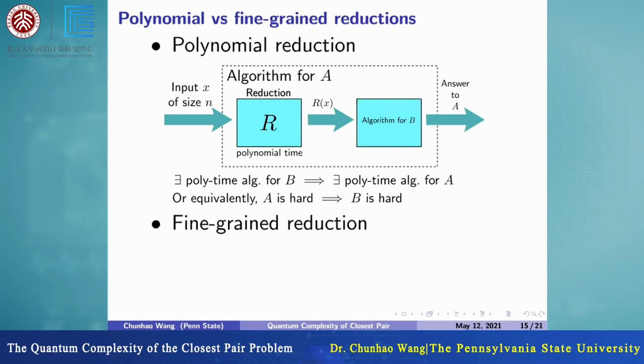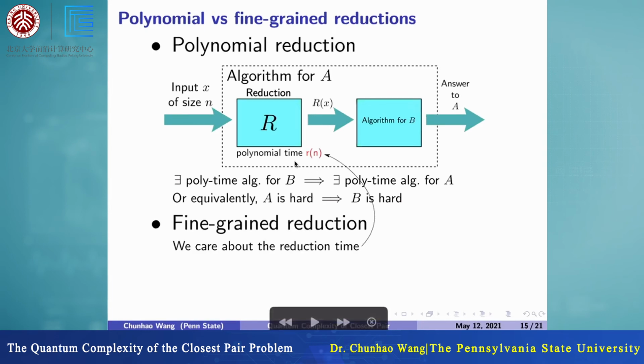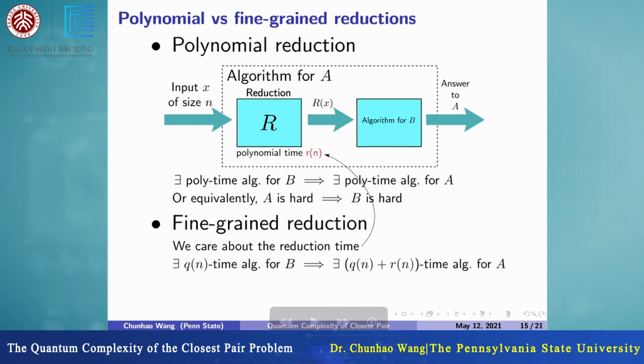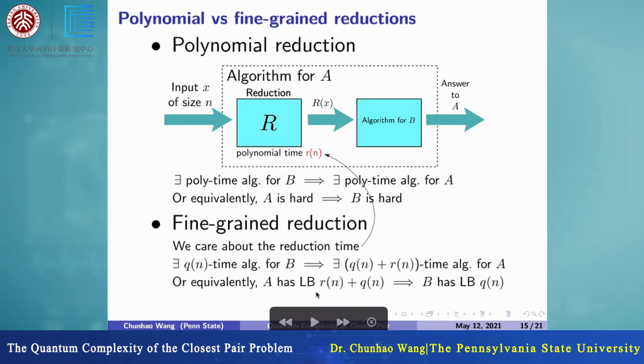For the fine-grained reduction, we do care about this polynomial. Suppose the polynomial is R(n). The fine-grained reduction says that suppose there exists a Q(n) time algorithm for B, then there exists a Q(n) plus R(n) time algorithm for A. It means that if A has the lower bound R(n) plus Q(n), then it implies B has a lower bound Q(n).